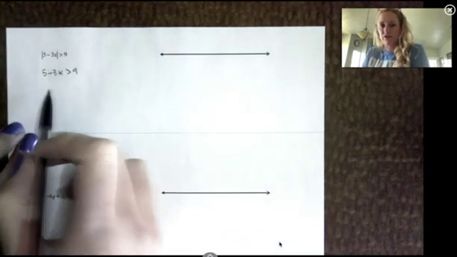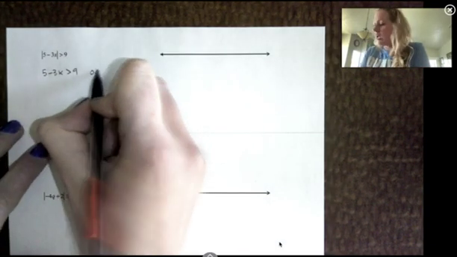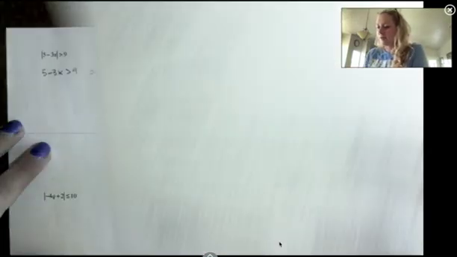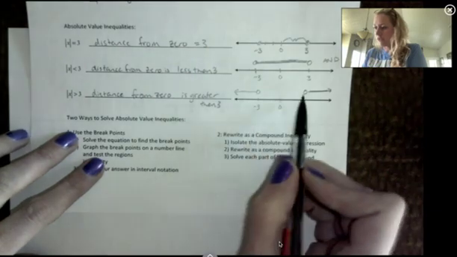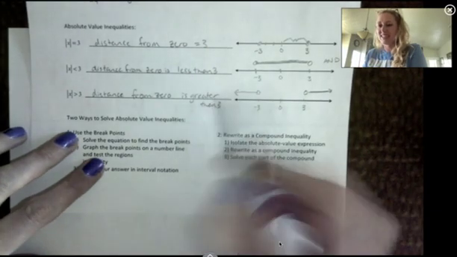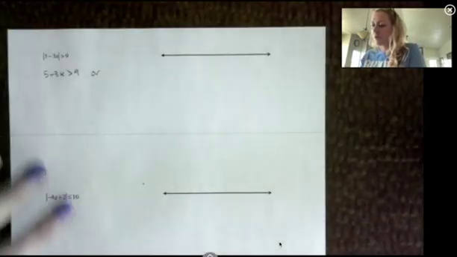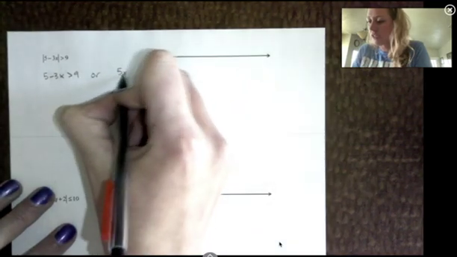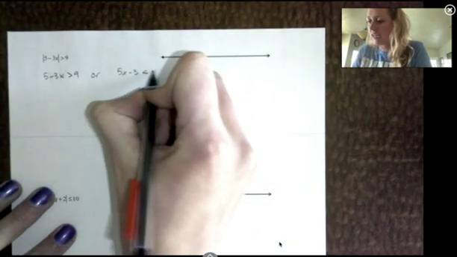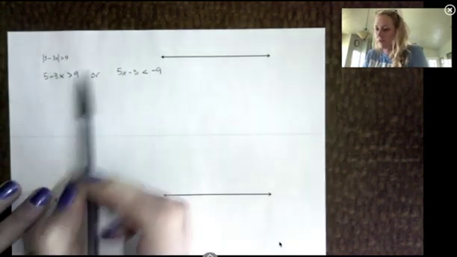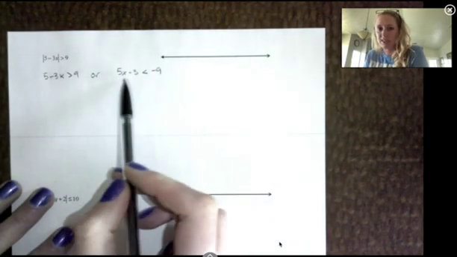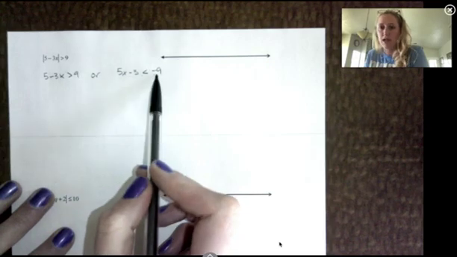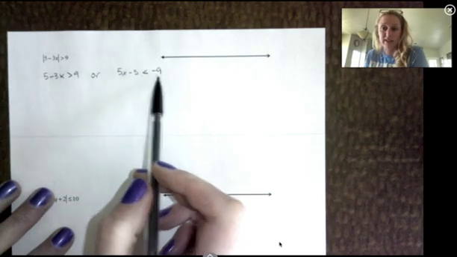That is just as it is, or, and then again, back to this example, when it was 3, we had greater than 3 or less than negative 3. So this expression is going to be less than negative 9. Basically we write one as it is. For the "or" piece, we write the expression the same, but we flip the symbol and make the constant negative.